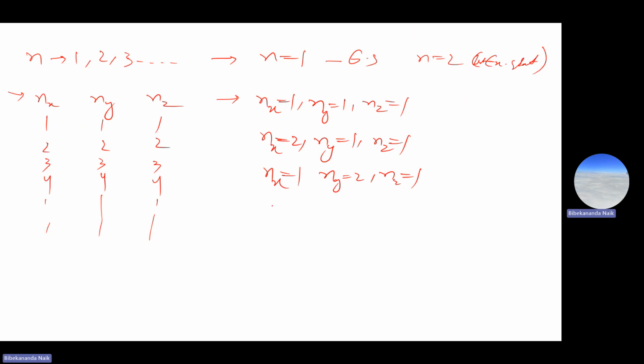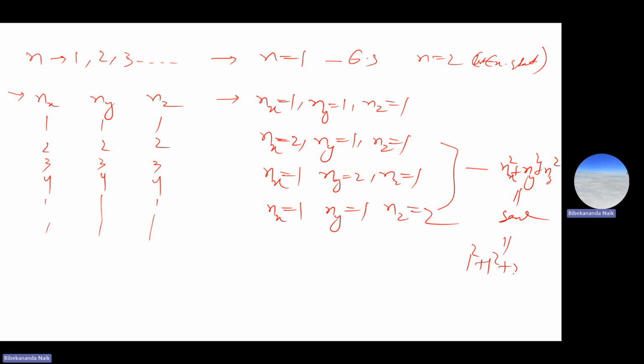The third combination is nx equals 1, ny equals 1, nz equals 2. In all three cases, the value of nx square plus ny square plus nz square is the same: 1 square plus 1 square plus 2 square, which is 4 plus 1 plus 1, equal to 6. So here nx, ny, nz are different.